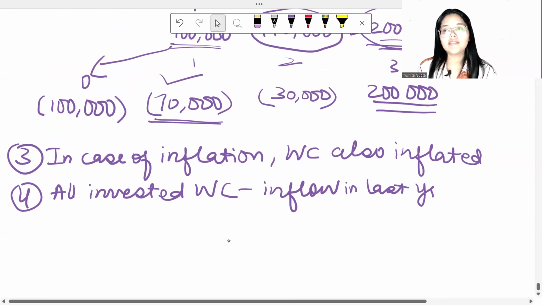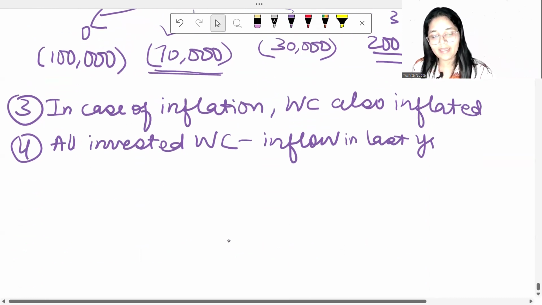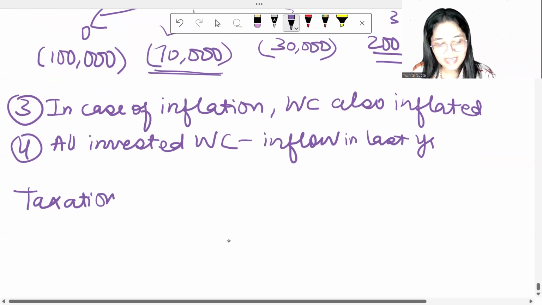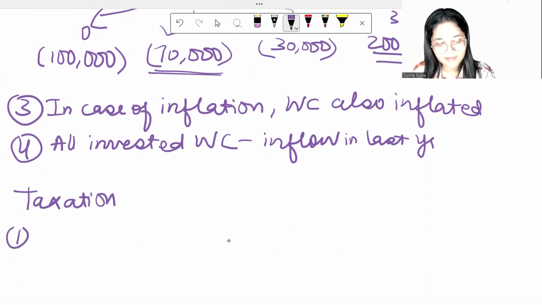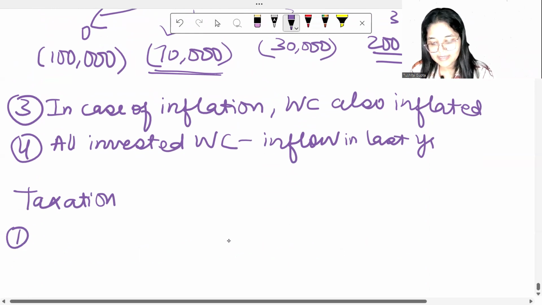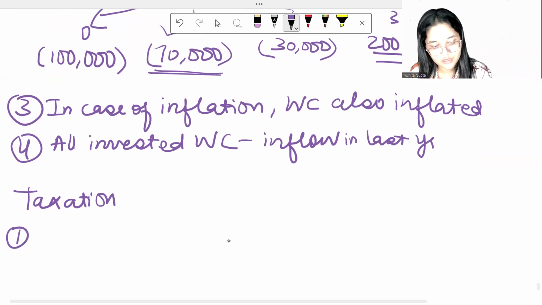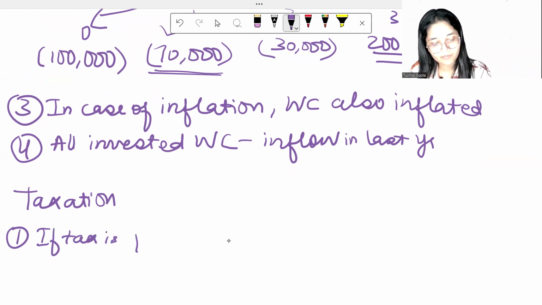Now let us move towards the very last adjustment which can be there, and this pertains to taxation. As far as taxation is concerned, number one thing which you're supposed to remember is that if tax is present, you're always supposed to use a post-tax discount rate.